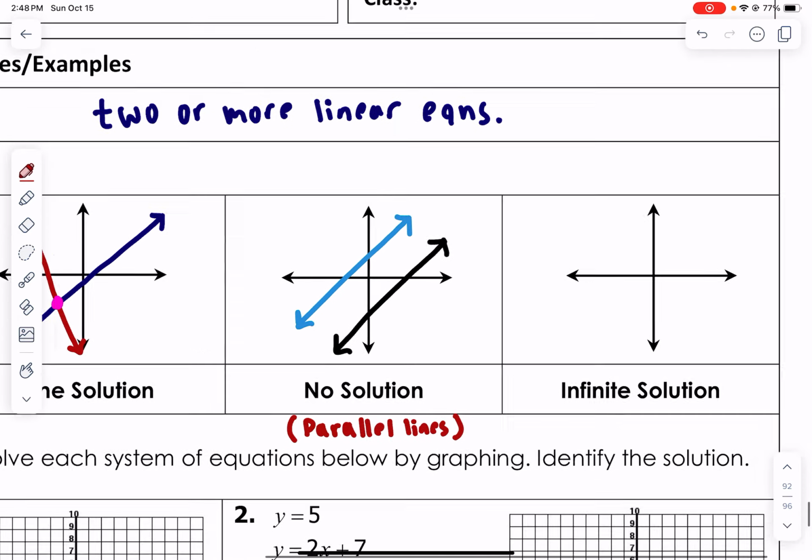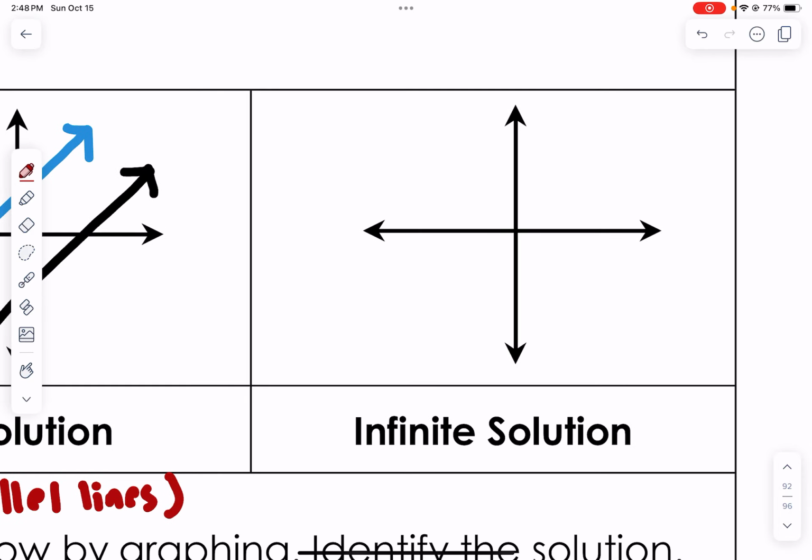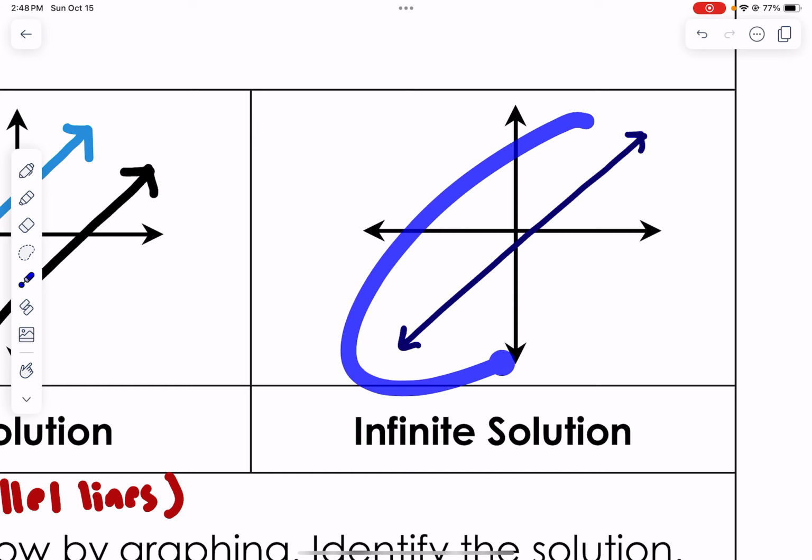Let's look at an example of an infinite solution case. An infinite solution case would be this. Let's say you have a line that looks like this. But what if you had another equation that had the same exact line as shown here?